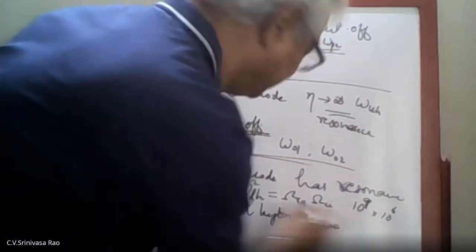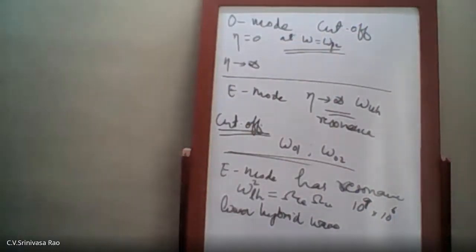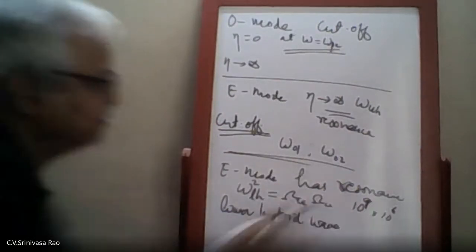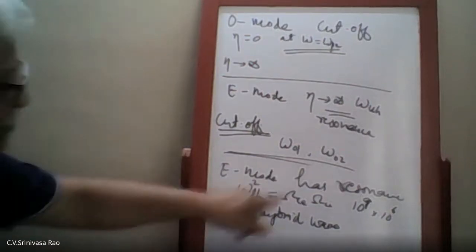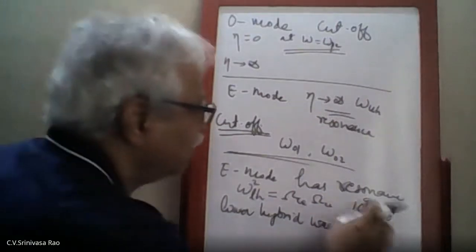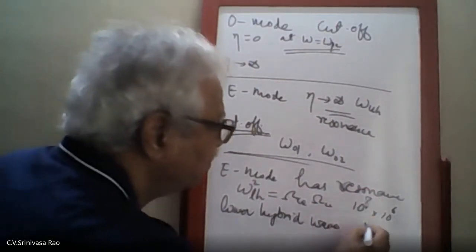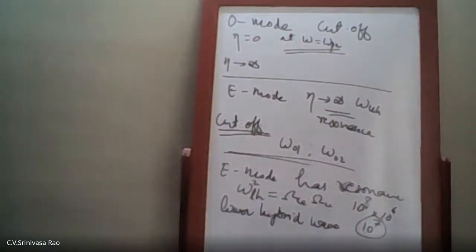So this will fall somewhere in between. You can take the square root of that, and it will give you exactly this. Suppose this was 10 to the 8 and that 10 to the 6, it will be in between those two frequencies. So that is how you get resonance at lower hybrid.